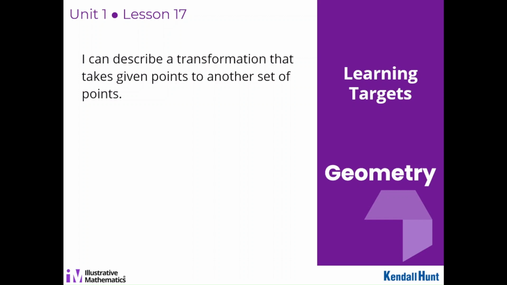So just make sure you understand those three rigid transformations, how to use each of them, and how to describe what it is you're doing with those three. As long as you feel comfortable with that, you should be well prepared moving forward into the next lesson.